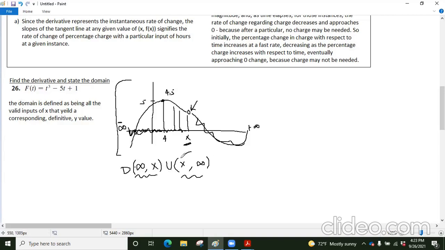The open bracket means that I'm not actually including X. If I put closed brackets near X, that would mean that my domain includes X, and I don't want to include X in the domain because X isn't a valid input that would give me a corresponding Y value.